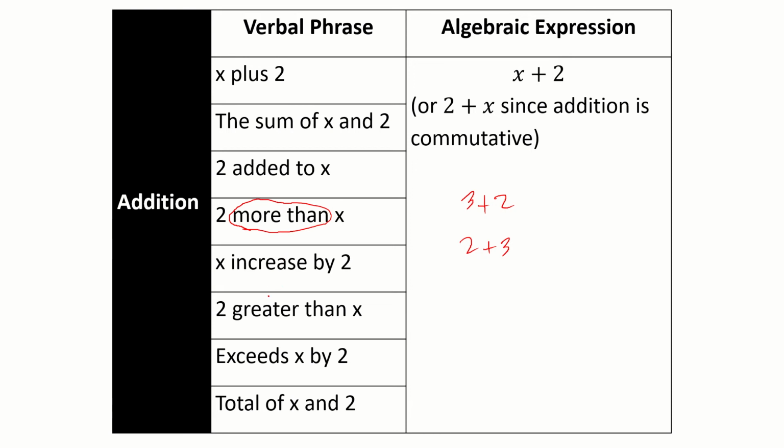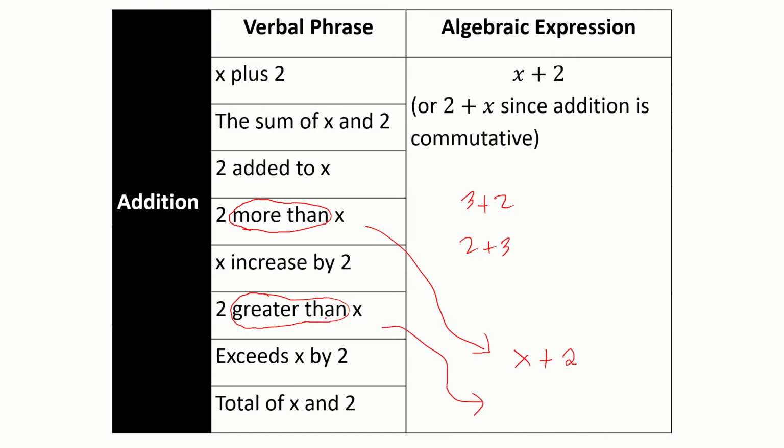The word more than and the word greater than. Every time there's the word than, it means that you have to rewrite it backwards. So you say 2 more than x, in other words, that's 2, then going to the left plus, more than x. So that would be the correct translation.